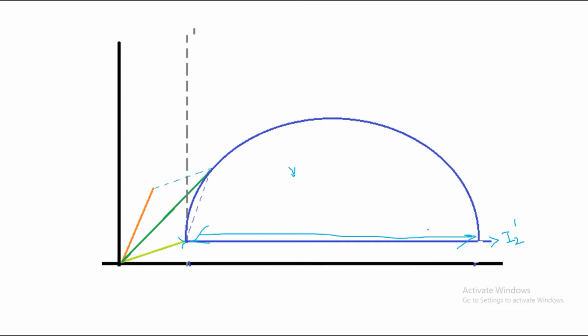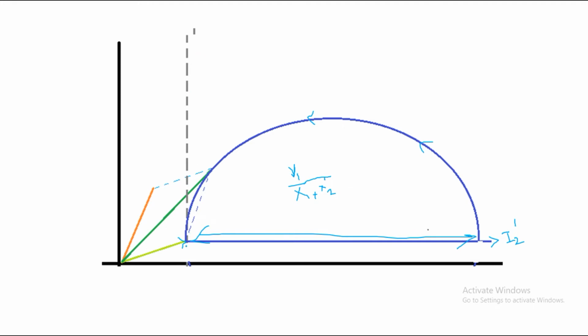We know the value of the diameter, that is V1 divided by x1 plus x2 dash, and this is the diameter of this circle, and it has a circular path towards the origin. So for I2 dash, we have considered this as the origin.